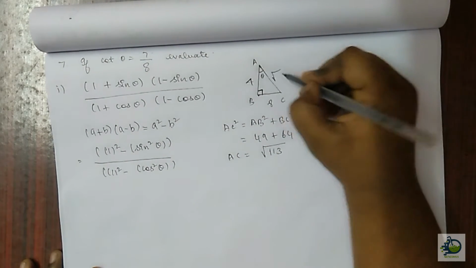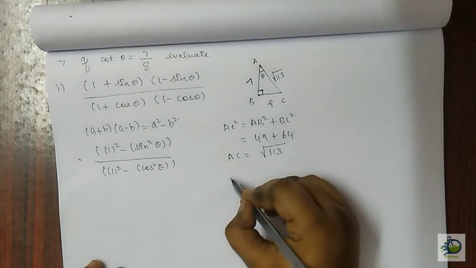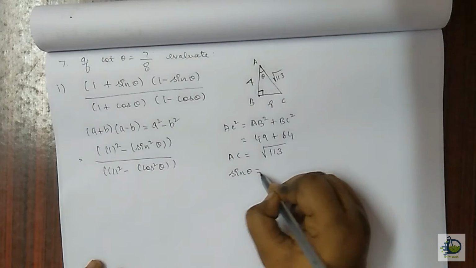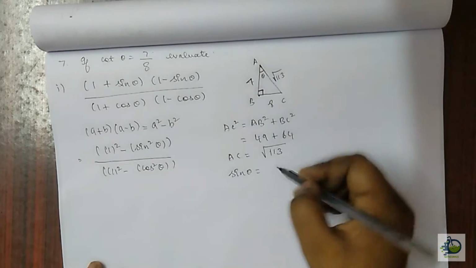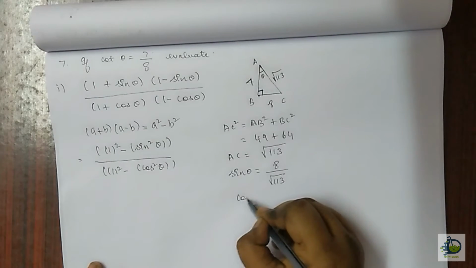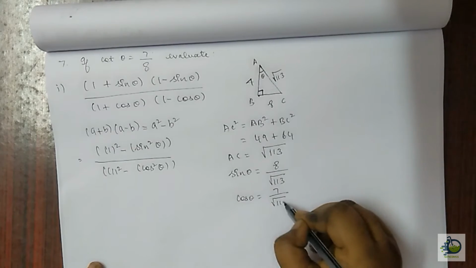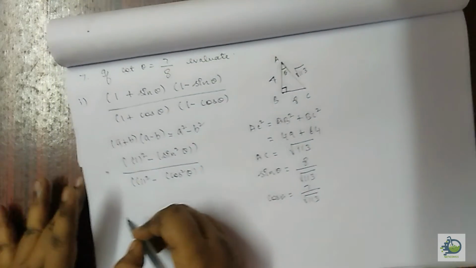Okay, so now we found that AC is root 113. Now we are going to write sin theta. Sin theta is opposite by hypotenuse, so 8 by root of 113, and cos theta is equal to 7 by root of 113. Now we are going to substitute it here.